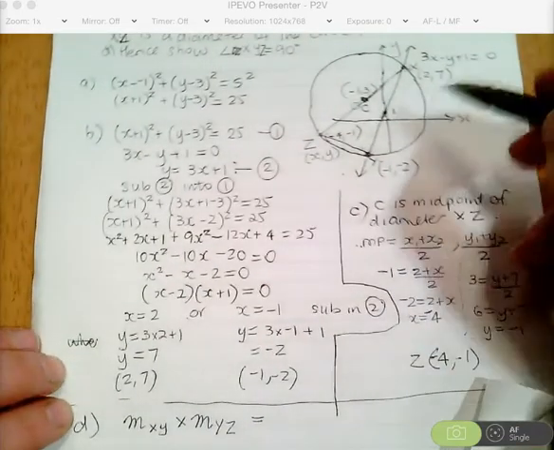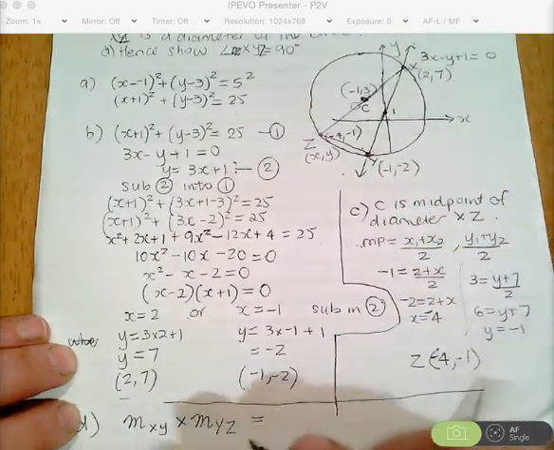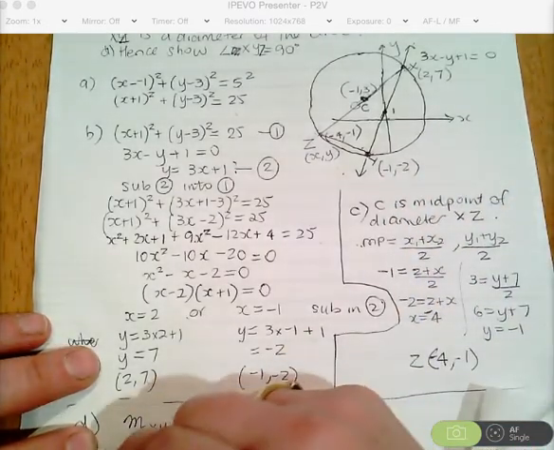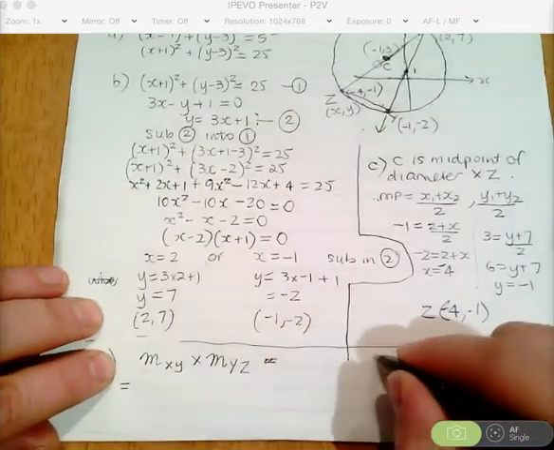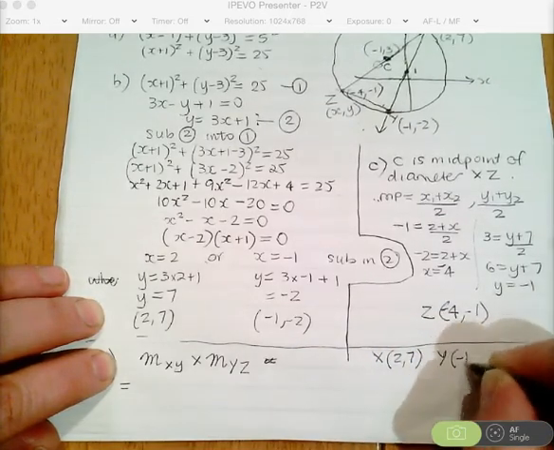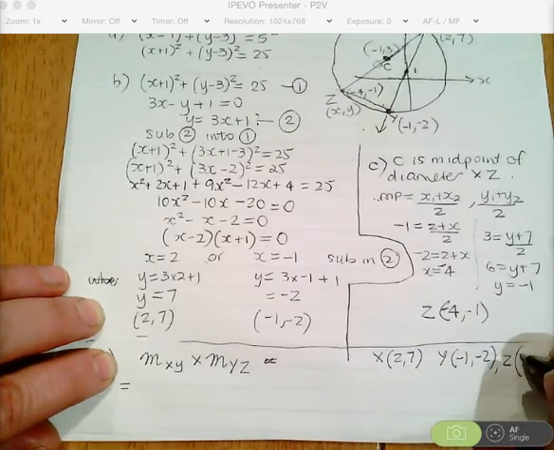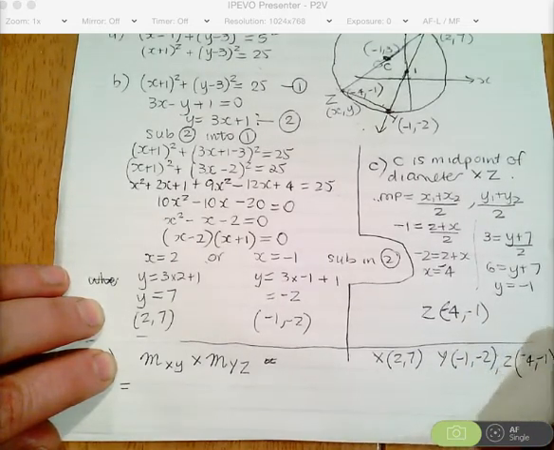Now we know the coordinates: X is the point (2, 7), Y is the point (-1, -2), and Z is the point (-4, -1).